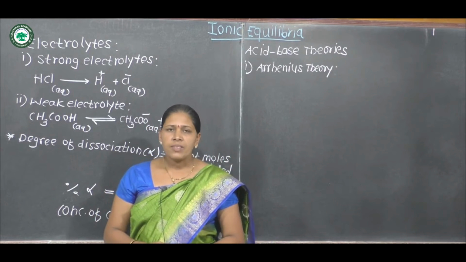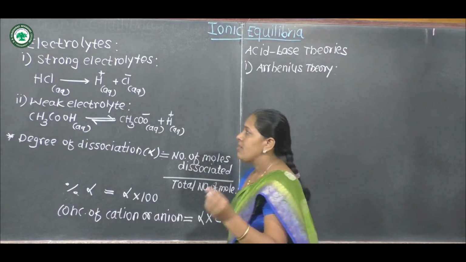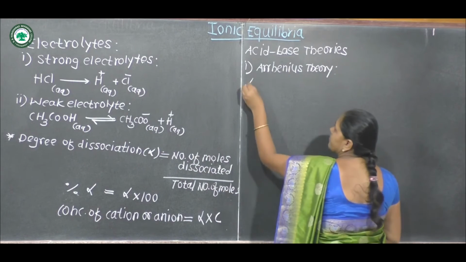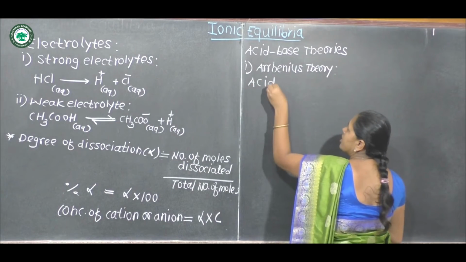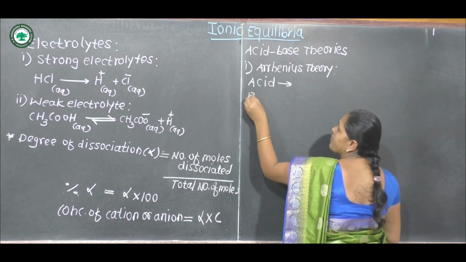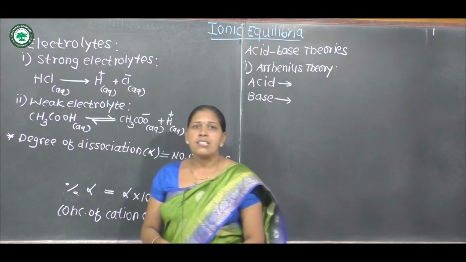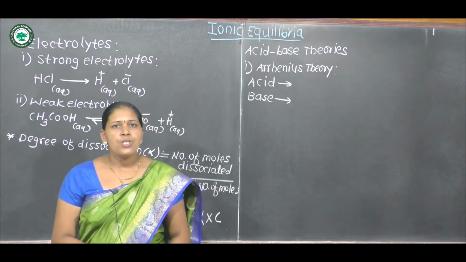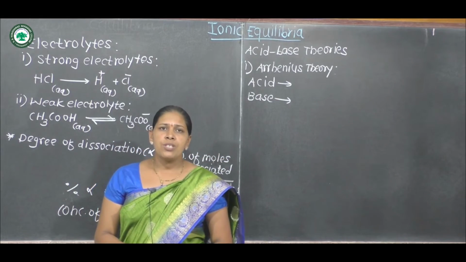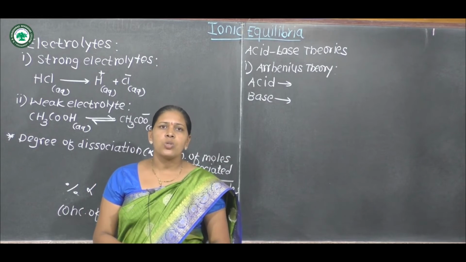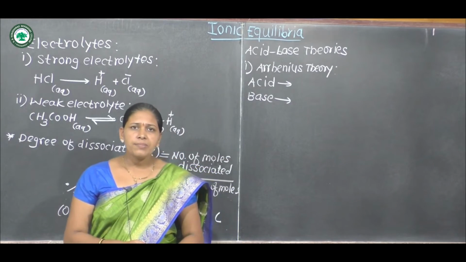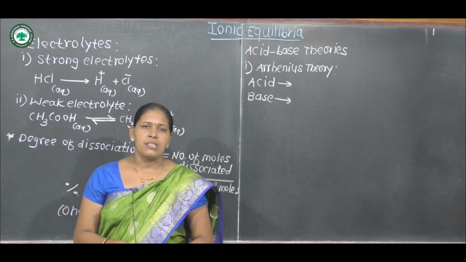According to Arrhenius theory, what is acid and what is base? Acid and base. According to Arrhenius theory, a substance which contains hydrogen ion and which gives H plus ion in aqueous solution is called an acid.